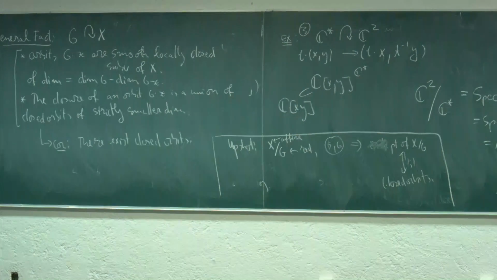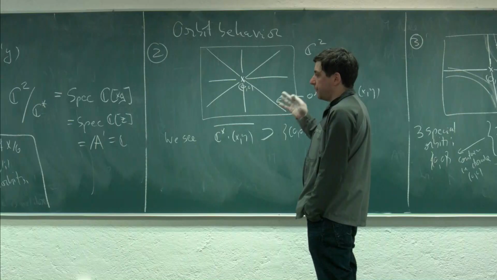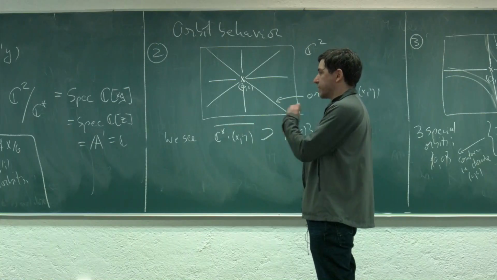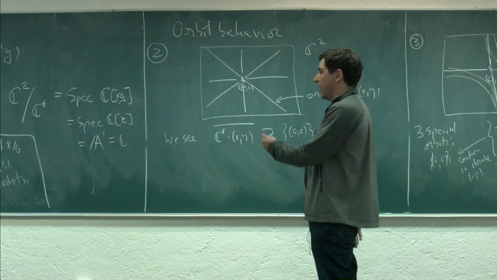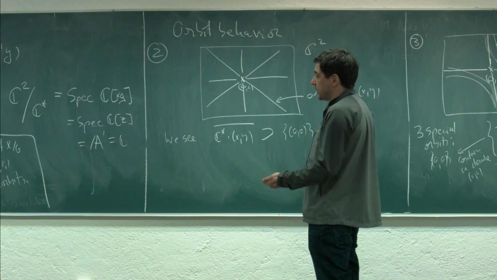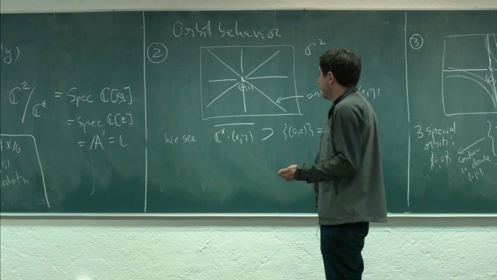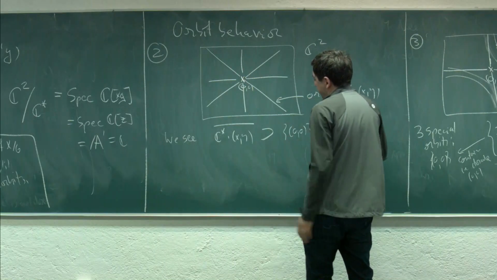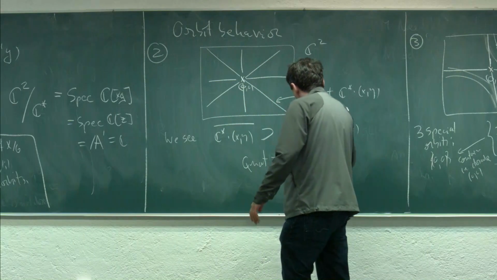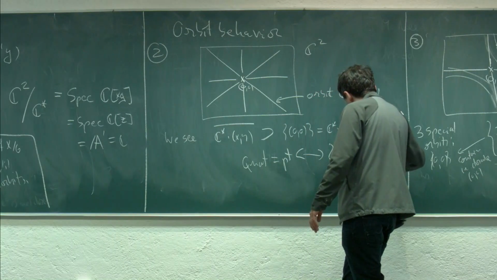Initially my hope was that the quotient would be in one-to-one correspondence with the orbits. This is not true by trivial examples, but something weaker is true: there is a one-to-one correspondence with closed orbits. In this example, remember the quotient is just a point, which means that (0, 0) is the only closed orbit.